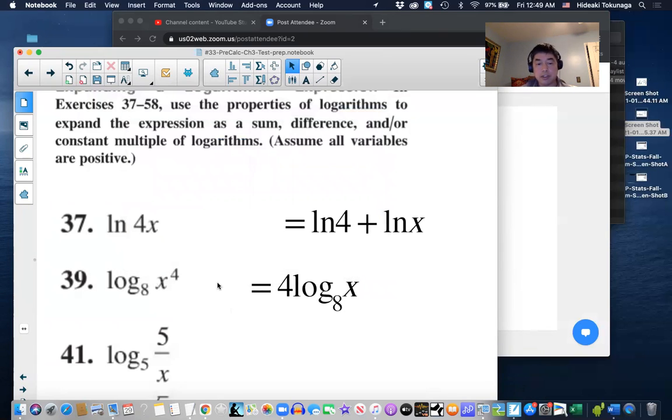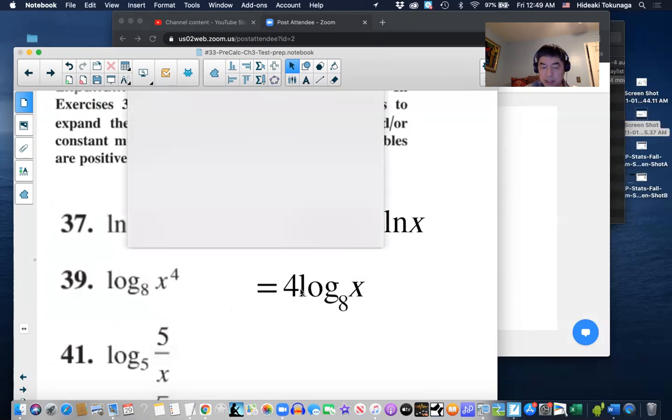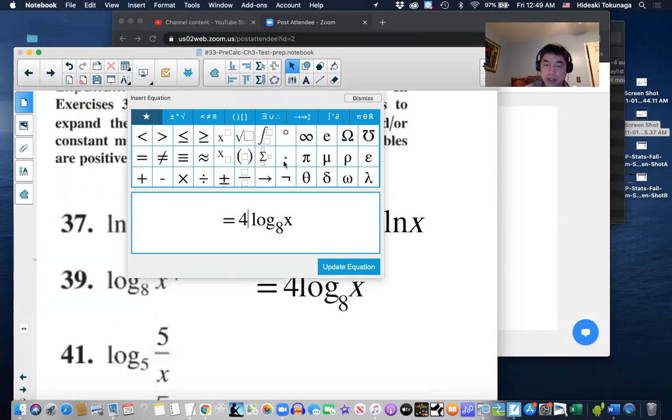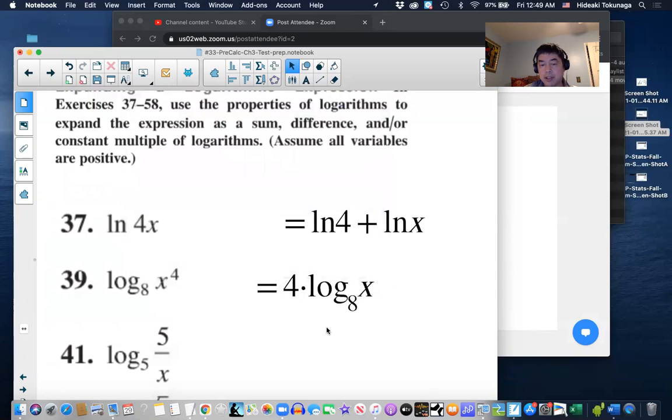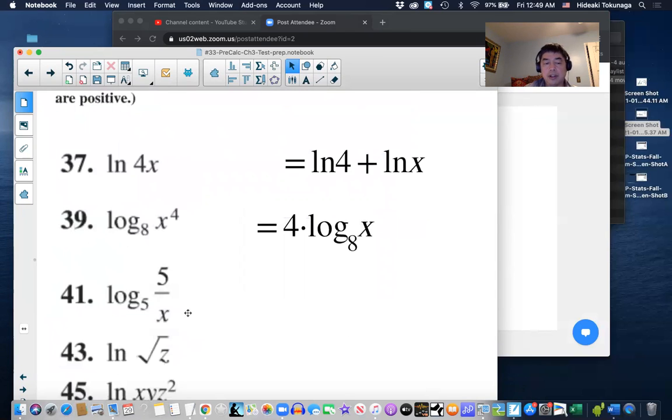Okay, this is the expression. The only idea is to move the 4 onto the front. It doesn't look pretty, so just put the multiplication sign so it might be easier for you to look at.